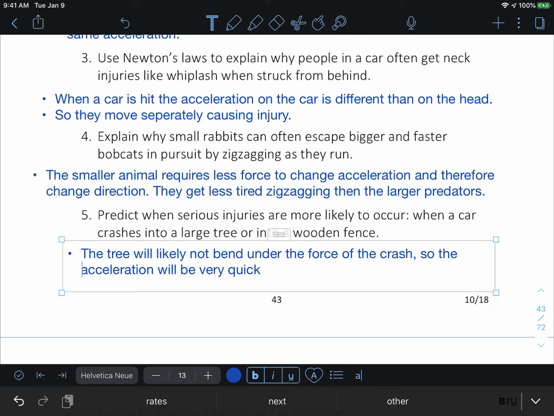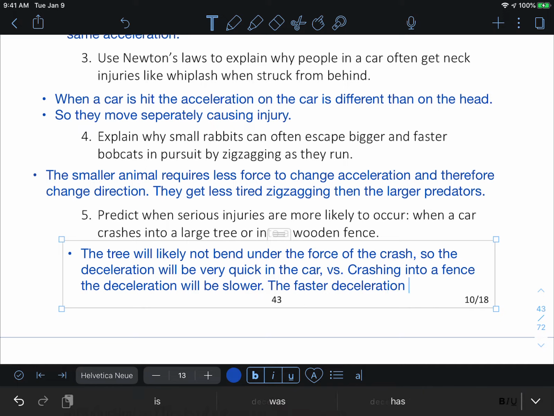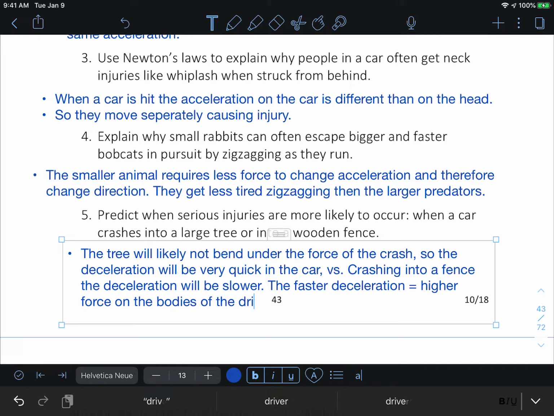The deceleration, I should say, in the car versus crashing into a fence. The deceleration will be slower. Faster deceleration equals higher force on the bodies of the drivers, of the passengers.